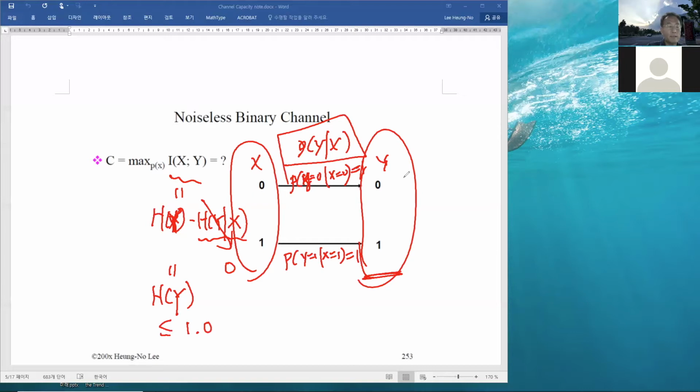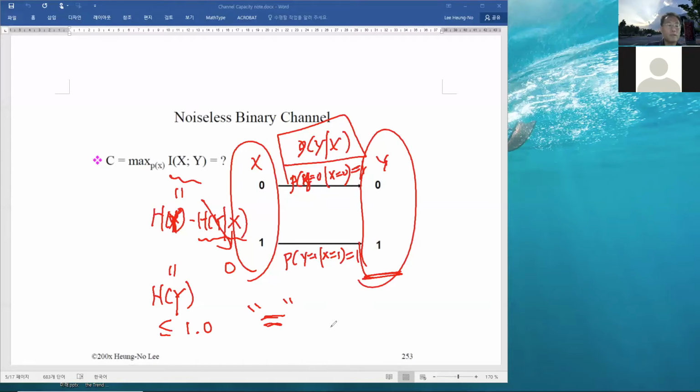How do you make this binary random variable so that the entropy of Y is equal to 1.0? That is the case when Y is equally likely. Equality can be achieved when Y is equally likely.